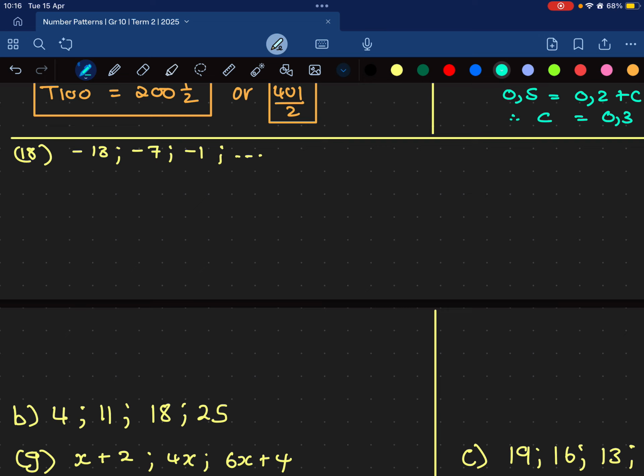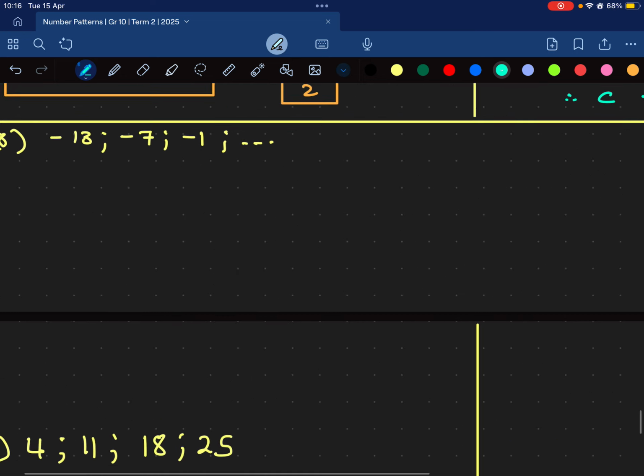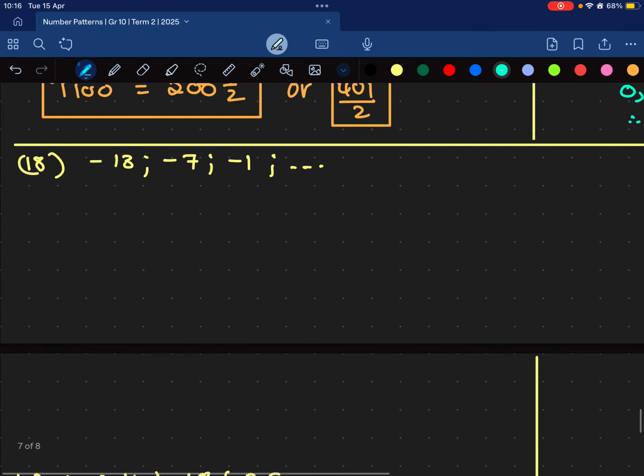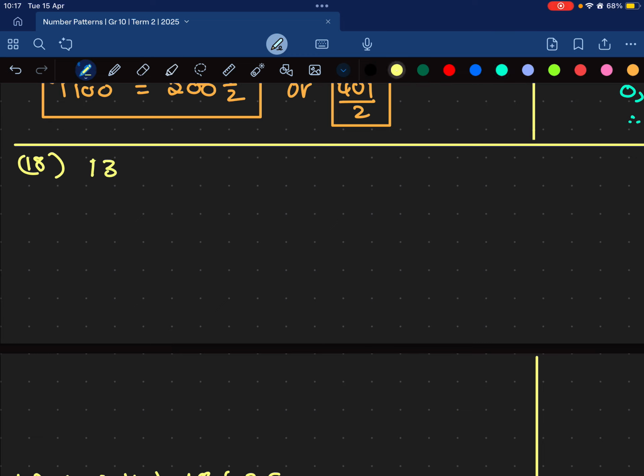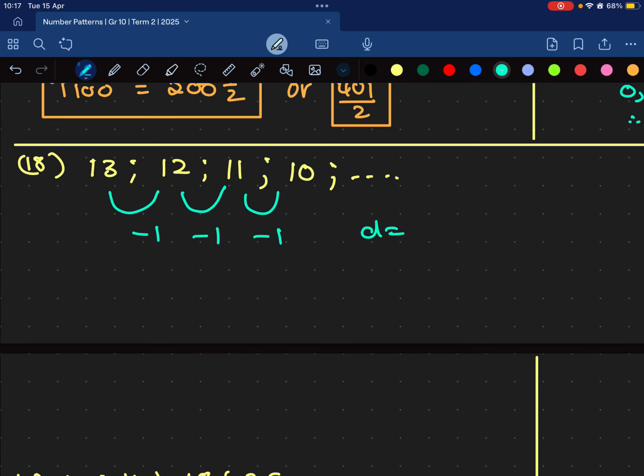I don't think I copied down the right one. No, that's number 16. Number 18 is 13, 12, 11, and 10. Okay, so if you notice, at each point, all you're doing is subtracting 1. So you know your difference, it's negative 1.